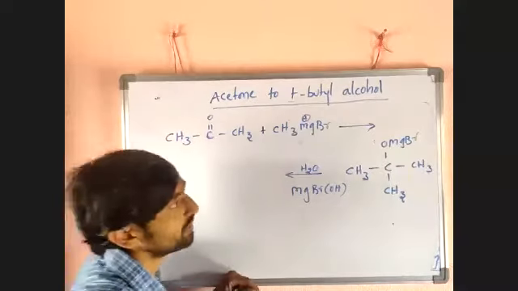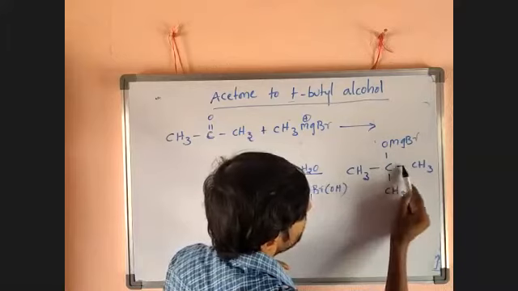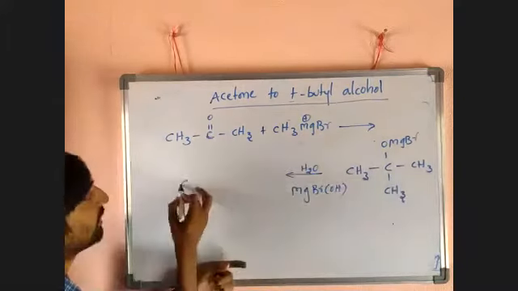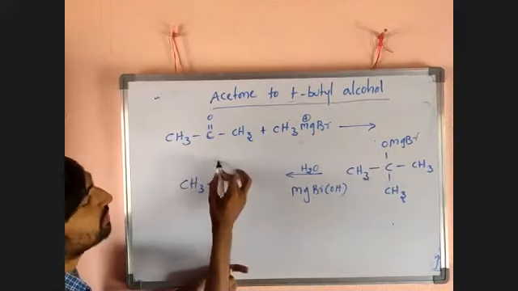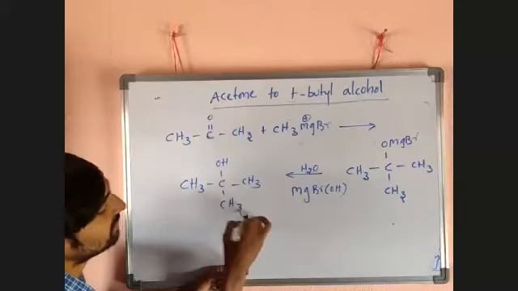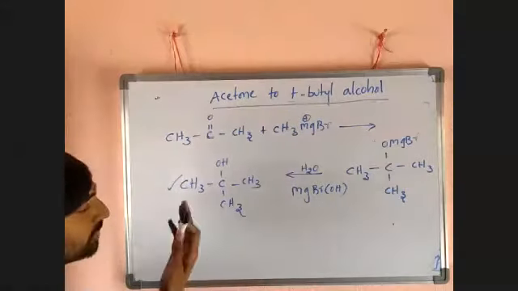MgBrOH, and remaining CH3 bond C bond CH3 bond CH3, and newly added OH on hydrolysis. What you will get? CH3 bond C, there OH, there CH3, there CH3. It is nothing but tertiary butyl alcohol. Tertiary butyl alcohol.